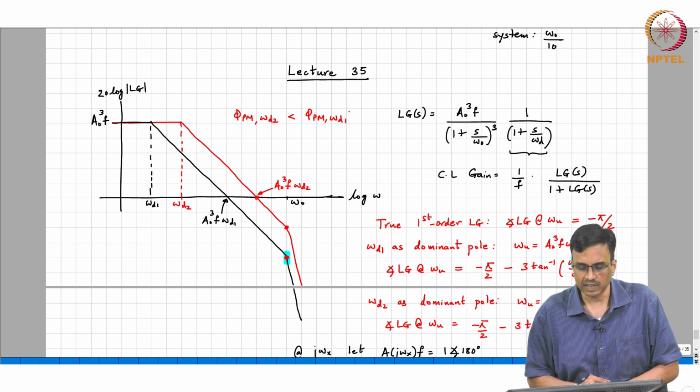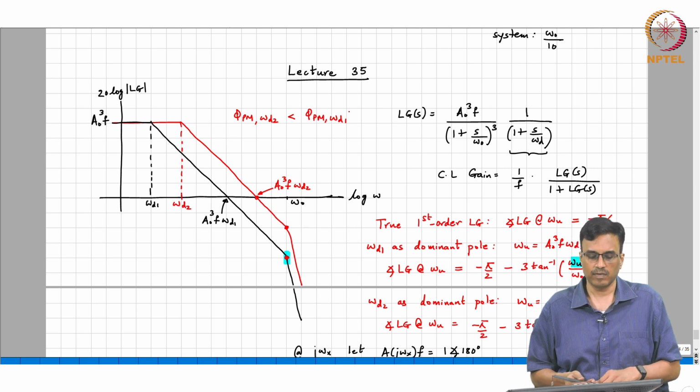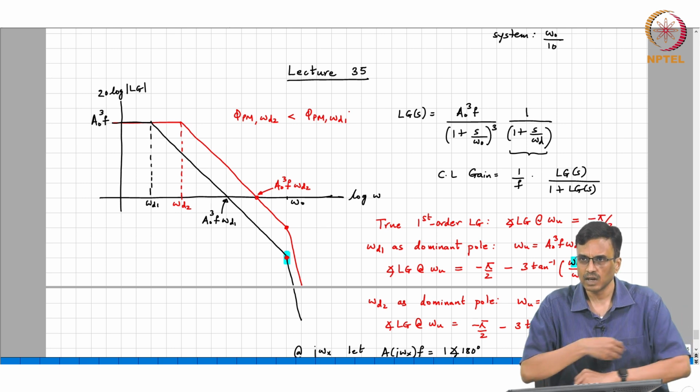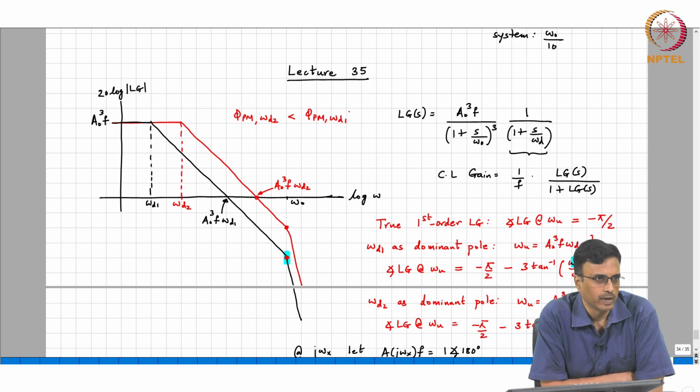But what is it that you're gaining when you sacrifice phase margin? What are you gaining? You're gaining back closed loop bandwidth.